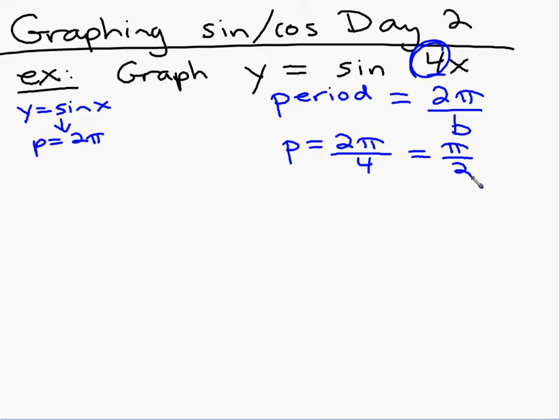Now, this is where I want to introduce something very important, and it is the concept of what I call road markers. And we will usually abbreviate these as RM. What do we mean by road markers? Well, these are the quadrantal values that I talked about yesterday. We're always going to break this thing down into fourths.